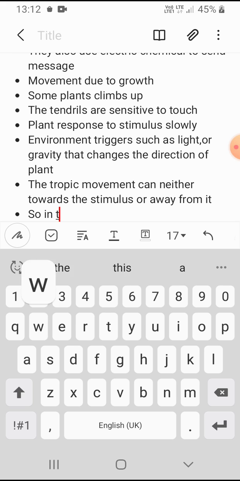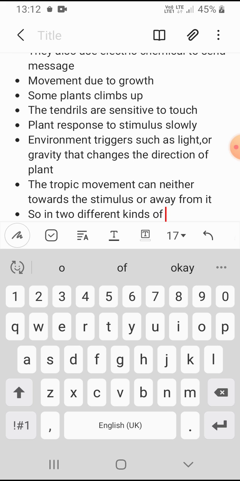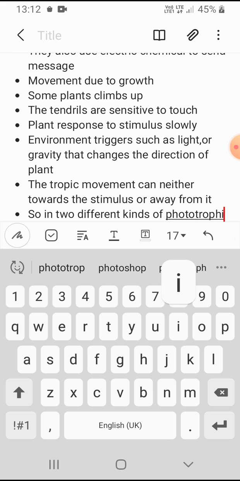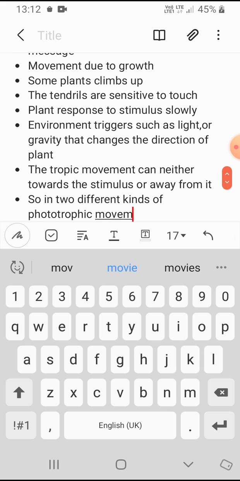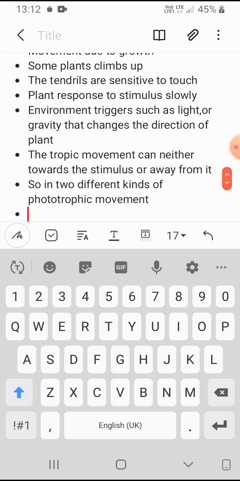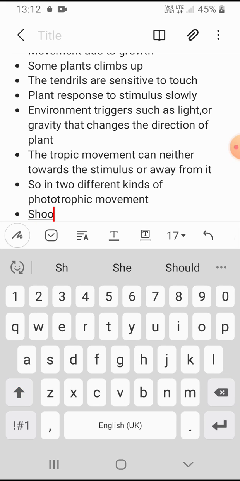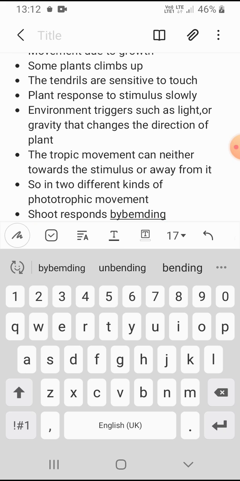So there are different kinds of phototropic movement. Shoots respond by bending towards the light.